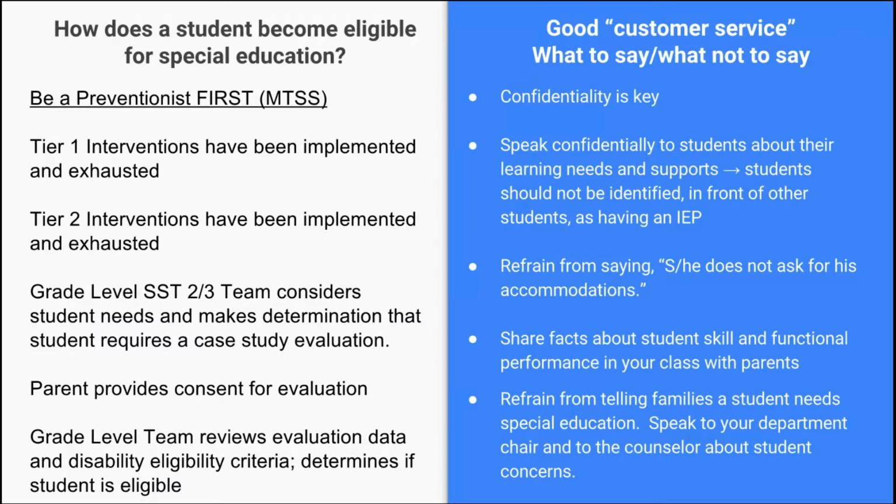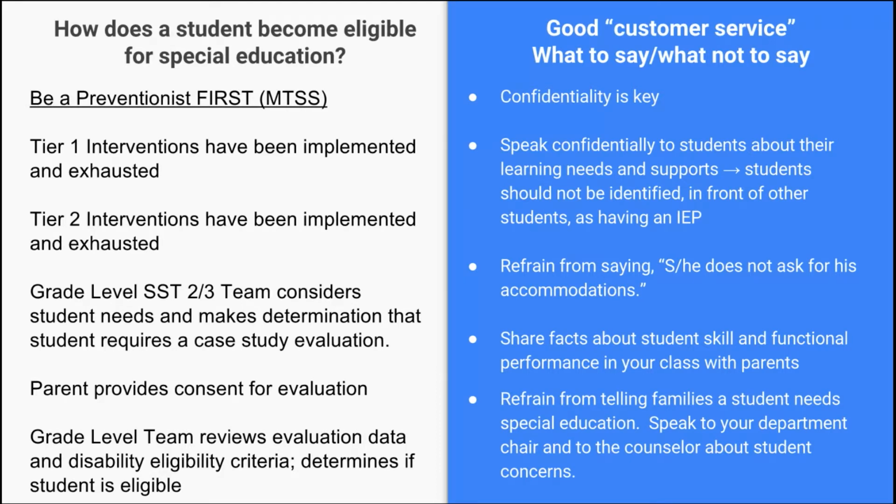People often wonder how a student becomes eligible for special education services, and the answer is both prevention and intervention based. Once Tier 1 and Tier 2 interventions have been implemented with fidelity and exhausted, and a student continues to lack academic, social, or behavioral success, the grade level SST 2-3 team meets.